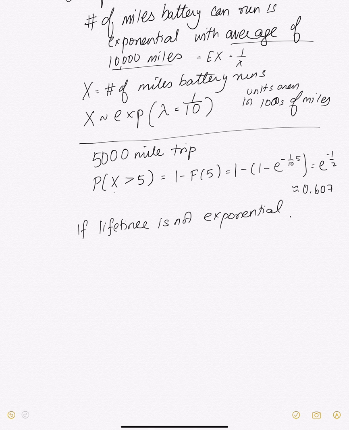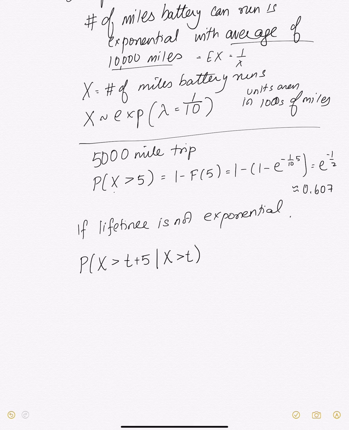You're asking what's the probability that, given that it's run till now, that given that the lifetime is at least t, it runs an additional 5,000 miles? So what you're asking is the probability that the lifetime is bigger than t plus 5, given that the lifetime is bigger than t. That's really what you're asking.